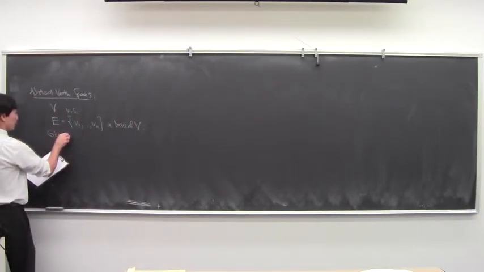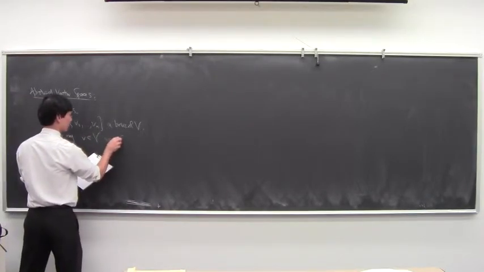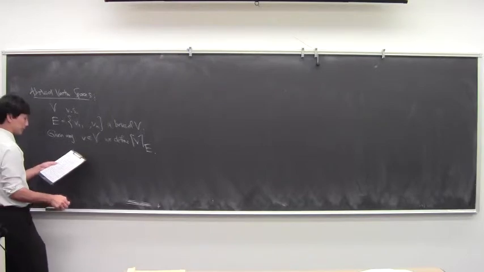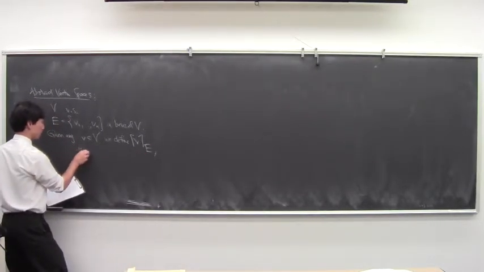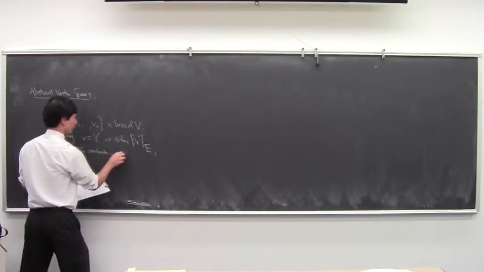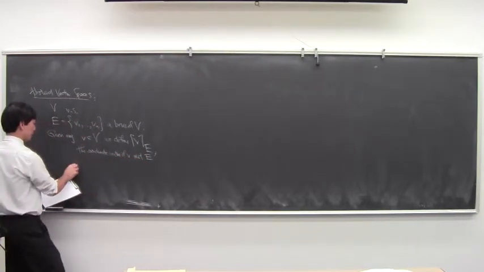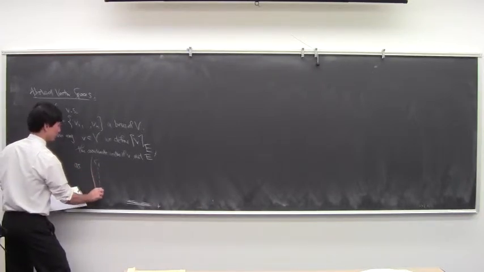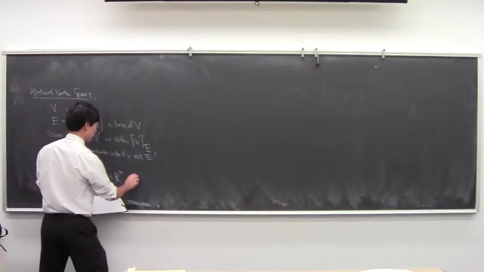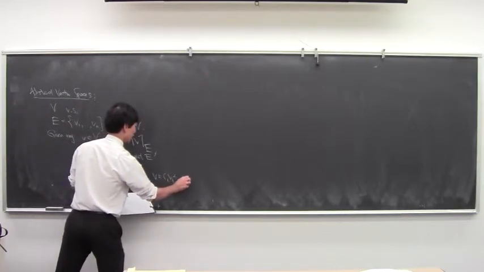As before, given any vector in V, we define the coordinate vector with respect to the E basis as just the list of coefficients, where V is C1 V1 plus through Cn Vn.